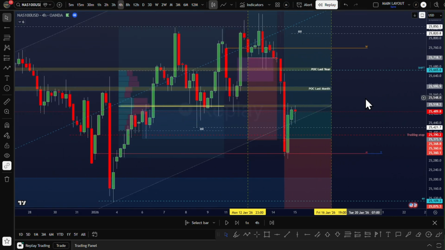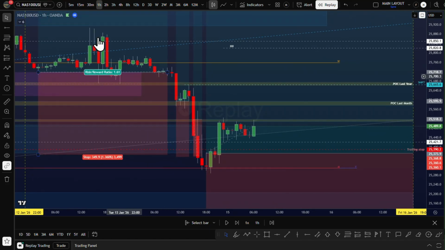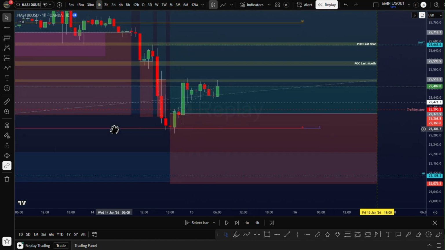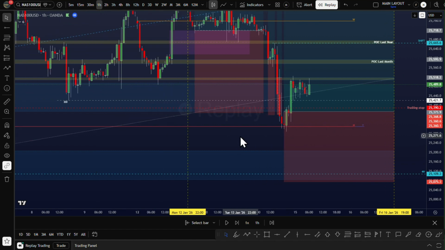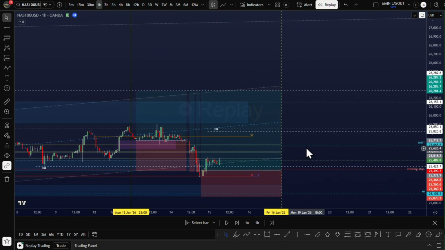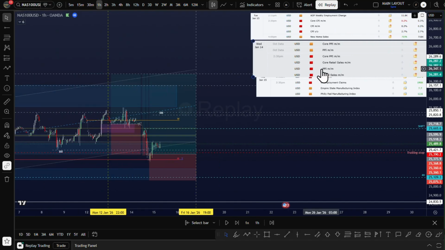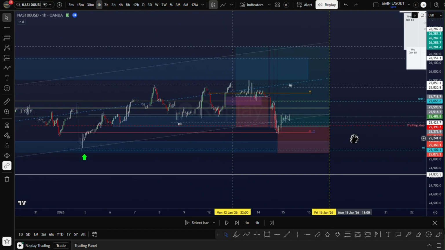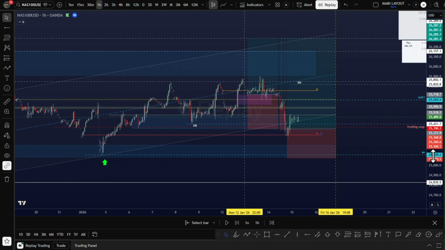So I come back to the three trades I lost in a row. As soon as I saw a rebound on this monthly and yearly open, I got in again, because fundamentally and based on the news we had this week, I think it's high probability Nasdaq keeps going higher.